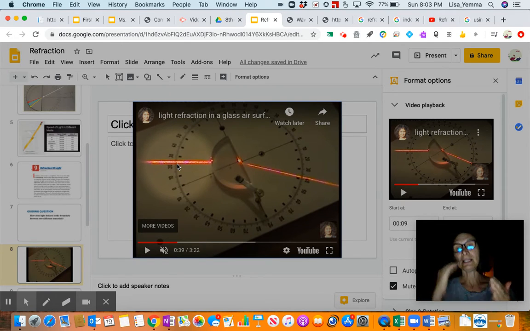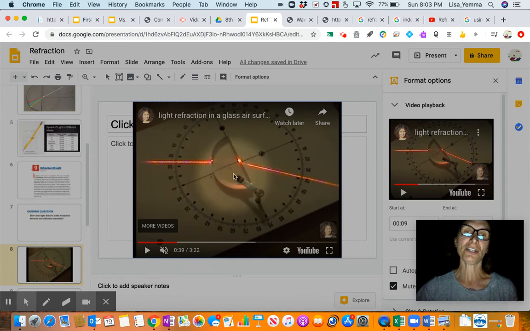As the light comes in at a higher and higher angle, the refraction of the light, the bending of the light, happens because of the density change. Now, what she had here was light traveling through air into probably a plastic block, because that's what they would supply us with.